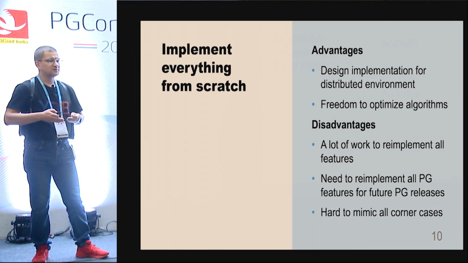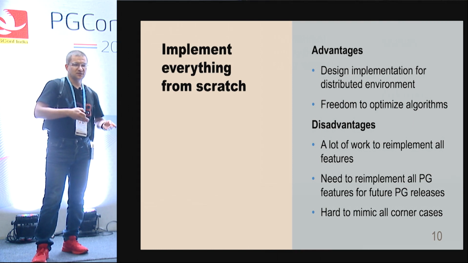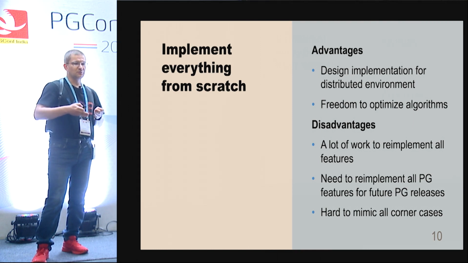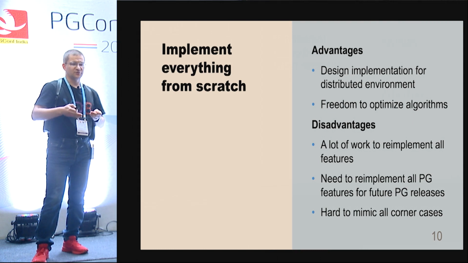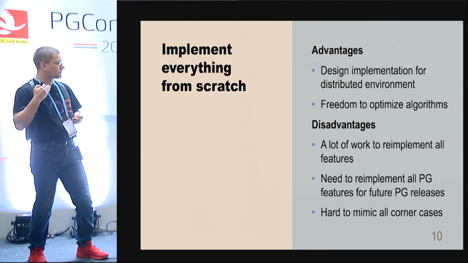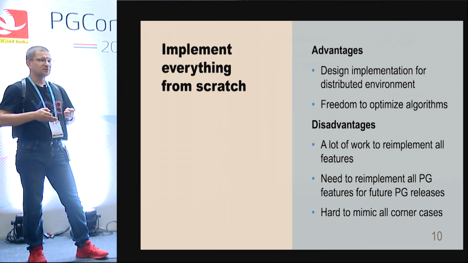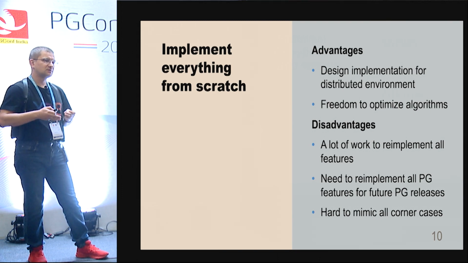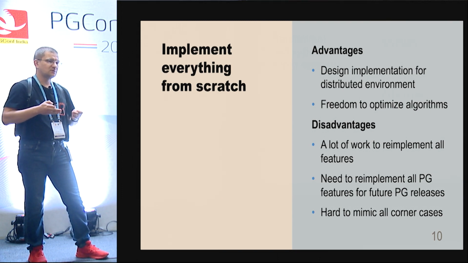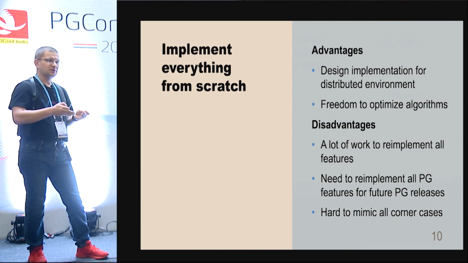We can optimize every algorithm as we want, but it has disadvantages. We must implement all Postgres features, and we need a lot of work to implement the new features every time we want to upgrade the Postgres compatibility release.